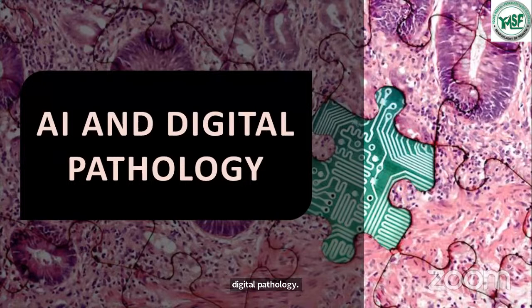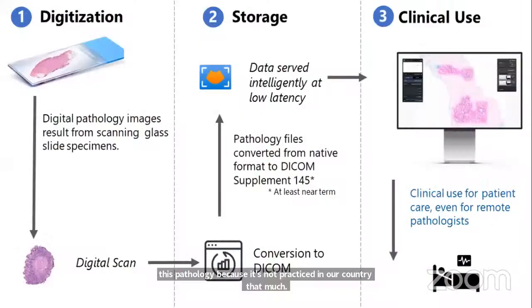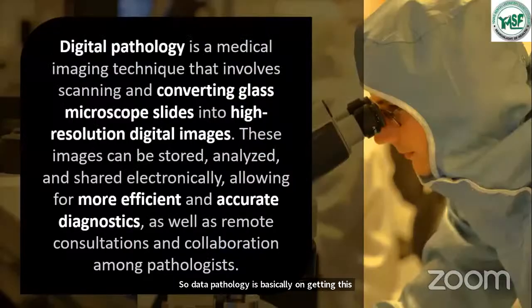So now I talked about digital pathology, right? So most of us here might not necessarily be familiar with digital pathology because it's not practiced in our country that much. So digital pathology is a medical imaging technique that involves scanning and converting glass microscope slides into high resolution digital images.